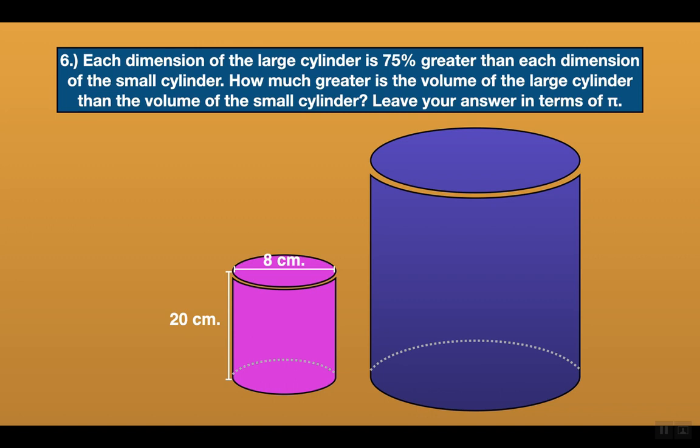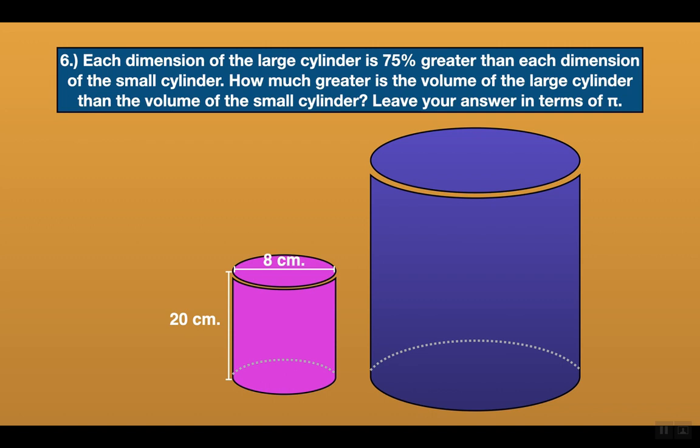So what I'm going to do is get each of the dimensions of the pink cylinder and use them to calculate the dimensions of the purple cylinder. That's the first thing I'm going to do. So let's get the diameter of the pink cylinder. The diameter is 8 centimeters. If I want to know what is a number 75% greater than that number, there's 2 ways to do it.